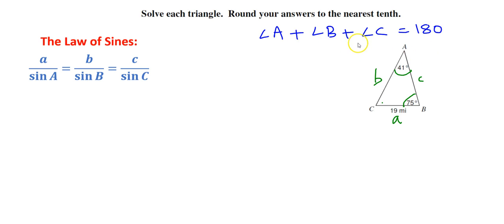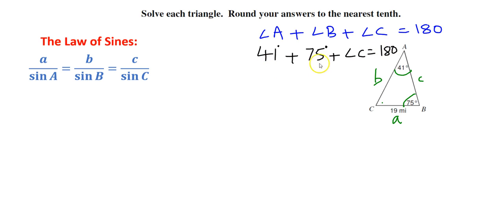Out of those 3 angles, we know the measures of 2 angles. So to find the third angle, just substitute. This is applicable everywhere: in any triangle, the sum of the 3 angles is 180. So 41 degrees plus 75 degrees plus the measure of C, the question mark, total 180.